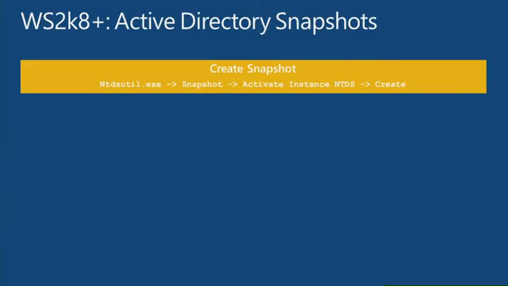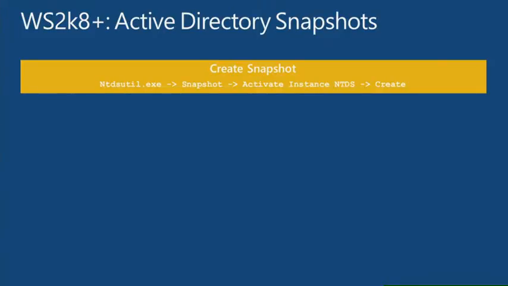In Windows Server 2008 and higher, we have a feature called Active Directory Snapshots. At our company, we are actually pretty innovative, and we just deployed the first Server 2012 two weeks ago in our production environment. Back when we were in the technology adoption program for Windows Server 2008, I said, hey, this Active Directory feature is such a cool feature, I want this to run in our enterprise.